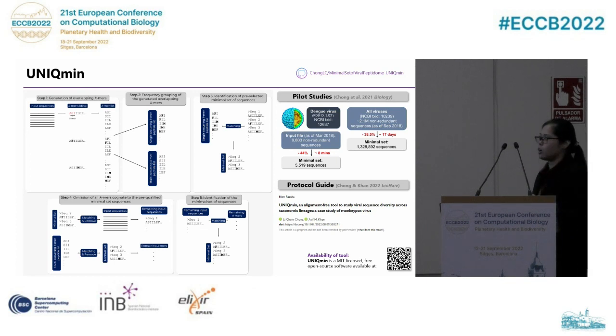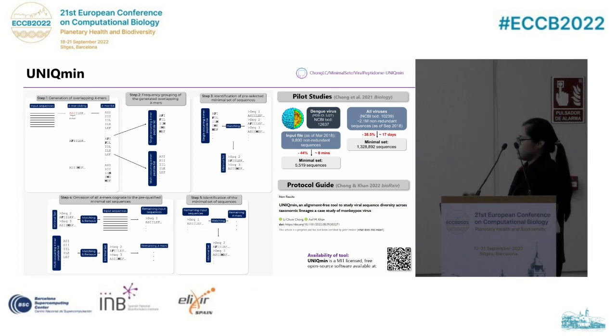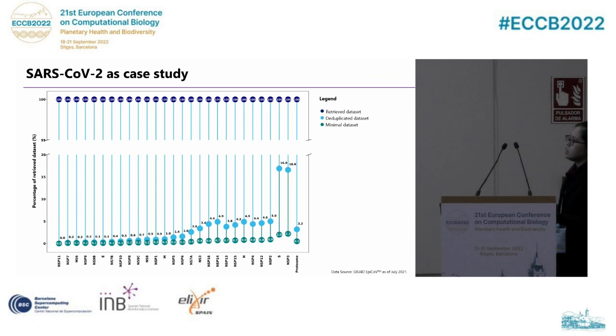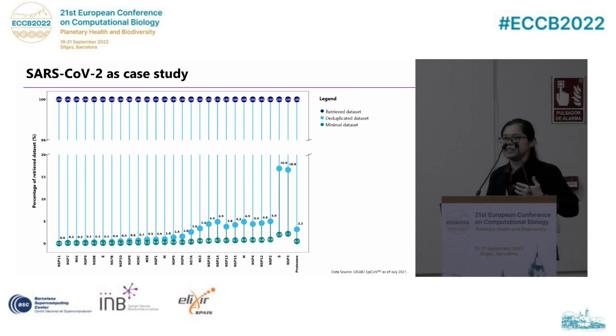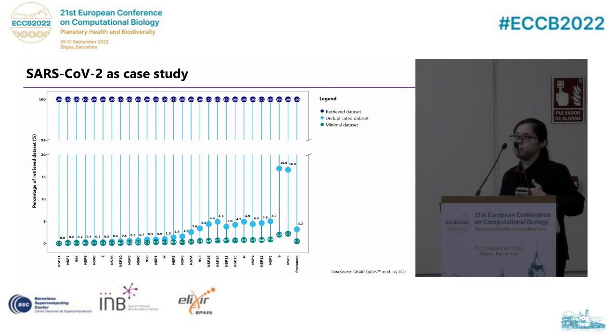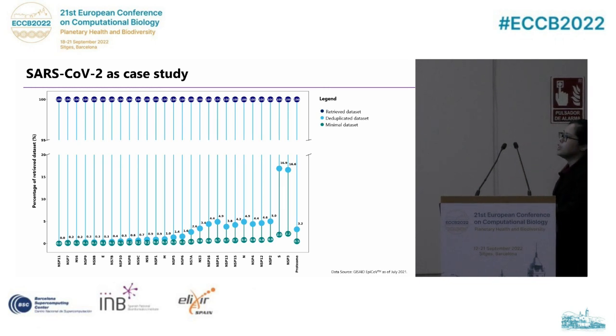For a detailed protocol on how to use UniqueMer, you can check out our recently published bioRxiv. So we have covered all the basics. Let's move to the highlight of this talk, the application of UniqueMer on the SARS coronavirus 2 dataset.